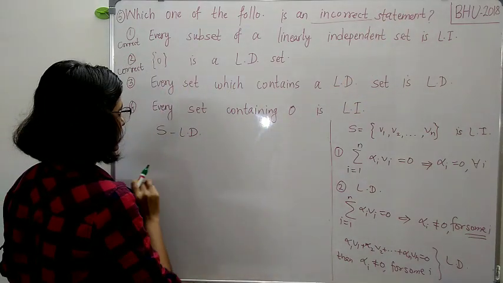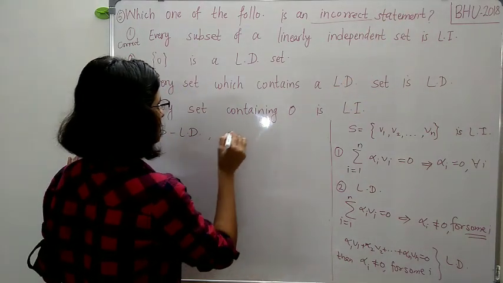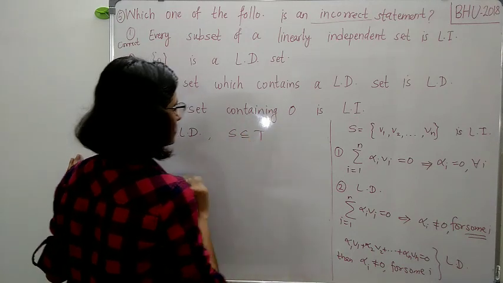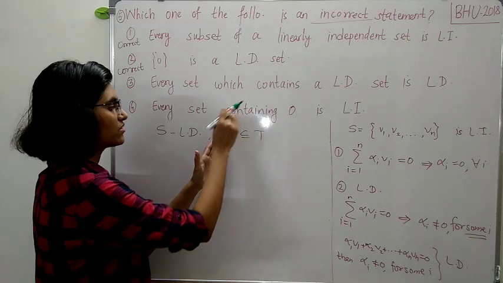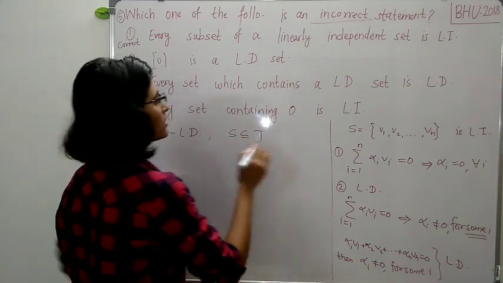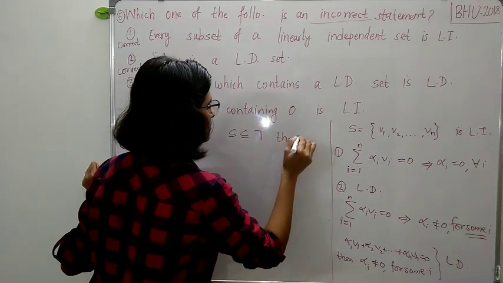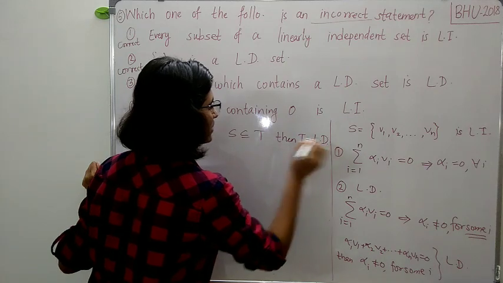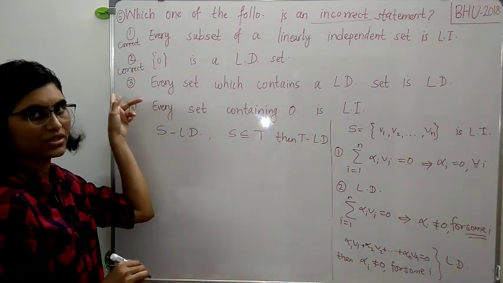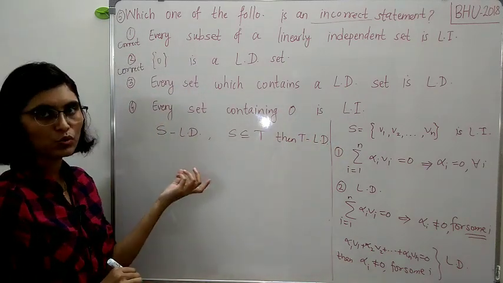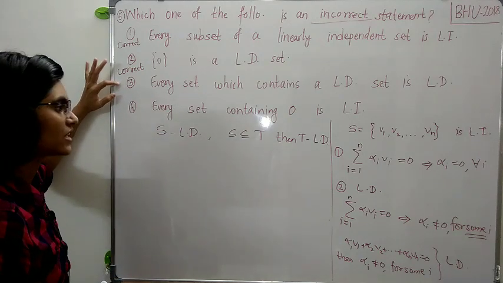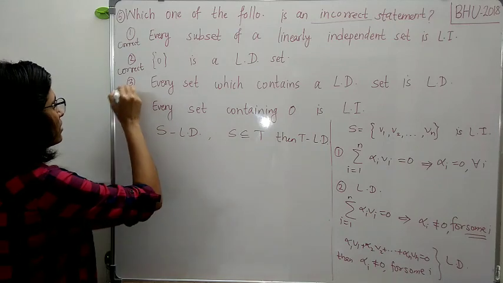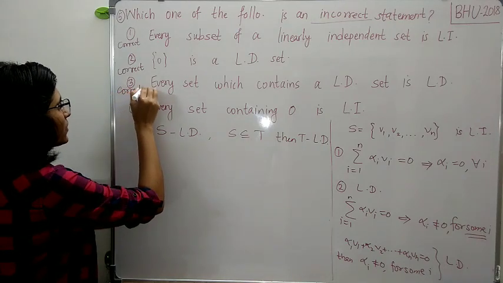So if S is a subset of T, where S is linearly dependent and sits inside some set T, then this T becomes linearly dependent. So this is our option number 3. Is this true? This is a correct statement. I will prove this.